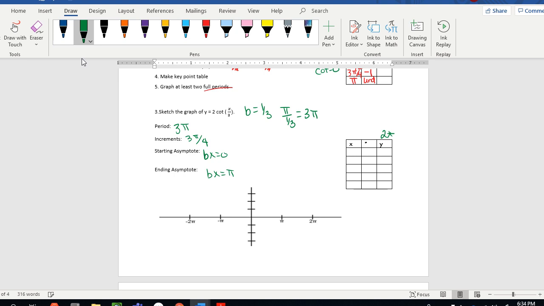Okay, so my b was 1/3. Guys, 1/3, it doesn't matter if I multiply by 3, x is equal to 0. So I'm always starting at 0. Yay, I love starting at 0. Ending asymptote, 1/3 x equals pi. So that gives me 3 pi.